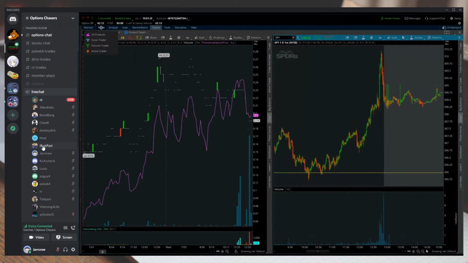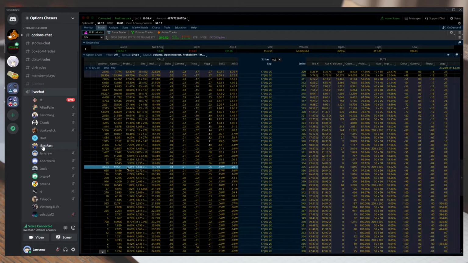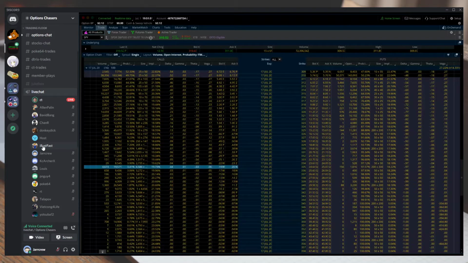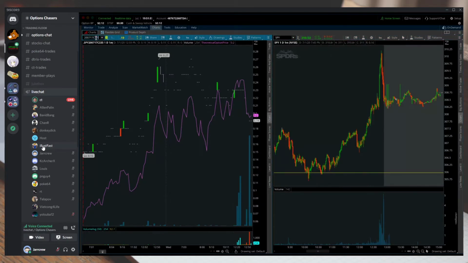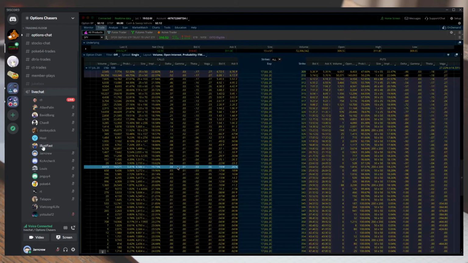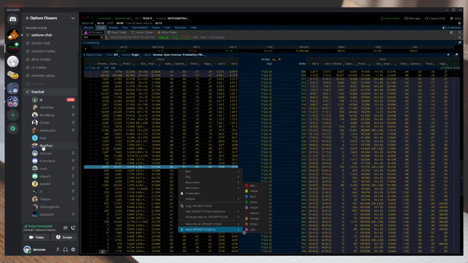If you go to trade, select the premium you want. You right click, send to one of these colored categories. I did yellow, the chart, which is up here, and this comes up blank like this. You just hit the color that you assigned it to. So mine was yellow. I messed up. Let me try this again. And if you're looking to see premium history for different strikes, I'll show you how to edit it real quick.